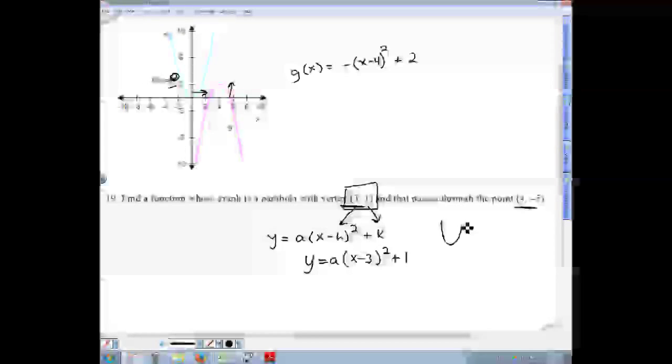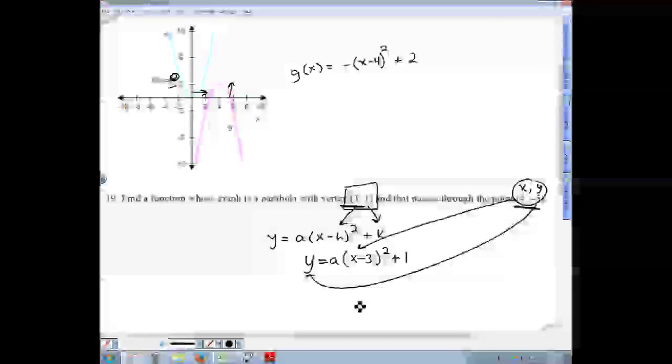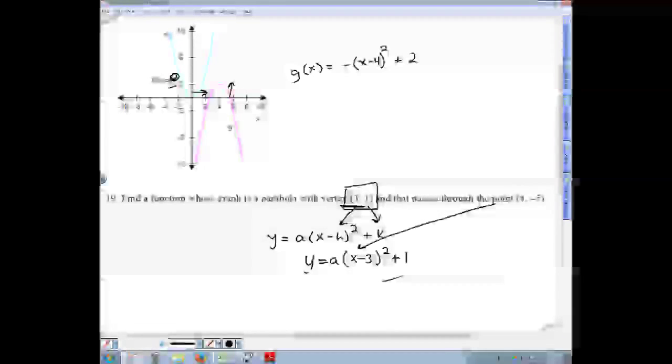When a changes, that makes the parabola either skinnier or wider depending on the value of a. So we have to have the correct value of a so that this parabola can pass through the point 4, negative 5. Now by giving us this extra point, they've given us an additional x and y value. Those can be plugged into the function. 4 for x and a negative 5 for y. If you plug those values in, that will allow you to solve for a.